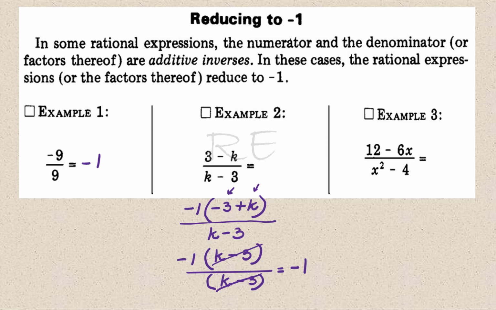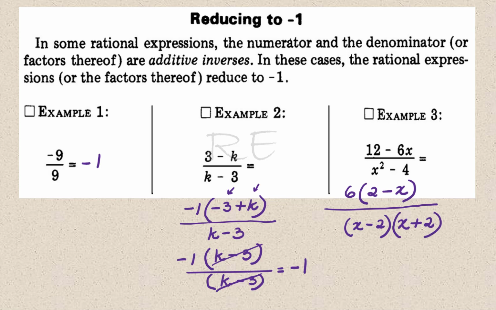Here's another example where we have to be careful with the -1 that's going to pop out. 6 is the greatest common factor, so we have 2 minus x as the other factor. The denominator is a difference of two perfect squares, x minus 2 times x plus 2.